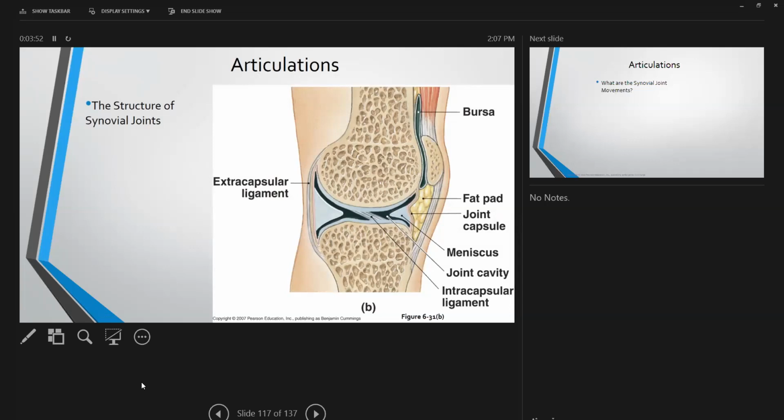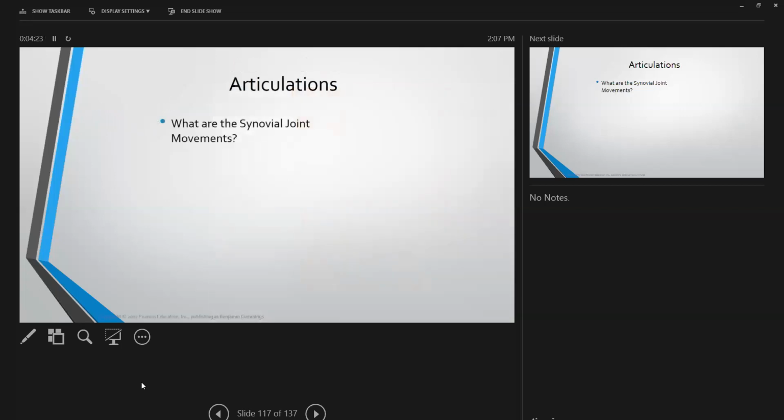Structure of synovial joints. A synovial joint is a joint that contains synovial fluid that helps to cushion the joint and provide nice, free, lubricated motion. You can see there with the kneecap, we've got the bursa, the fat pad, the joint capsule itself, the joint cavity, and then any ligaments that may be in that intracapsular space.